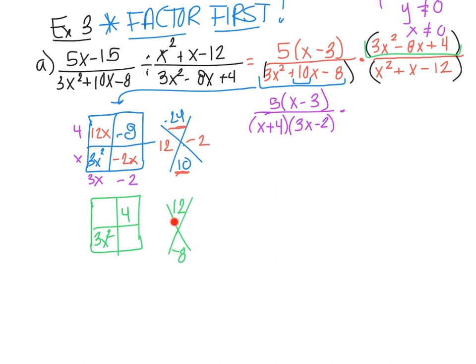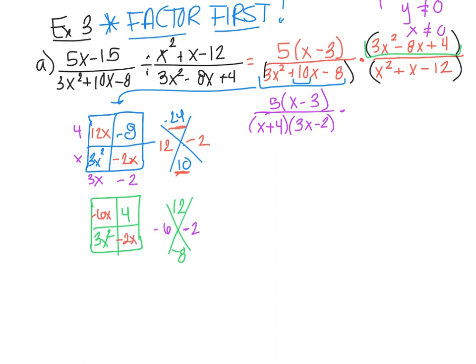But 6 and 2 multiply to 12, and if they're both negative, they multiply to positive 12 and add to negative 8. So that will work. So we've got negative 6x and negative 2x.